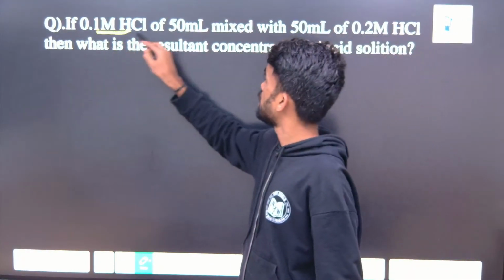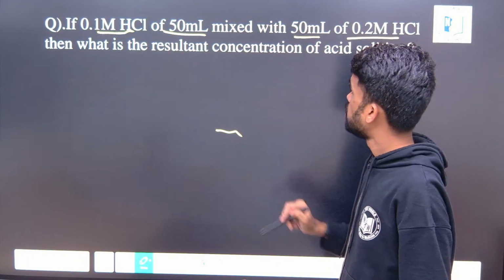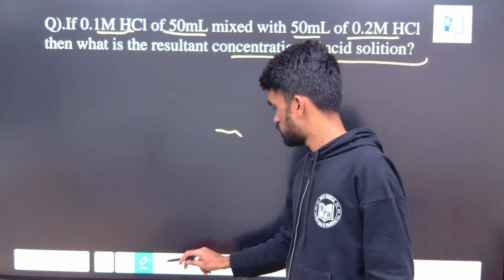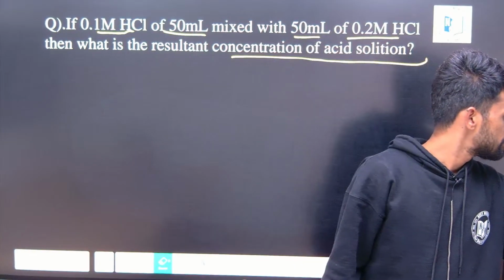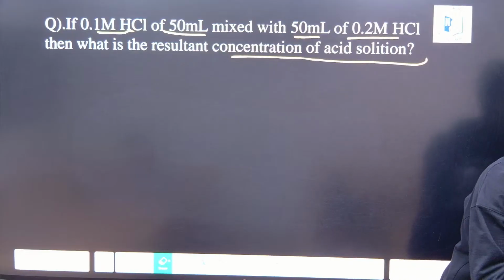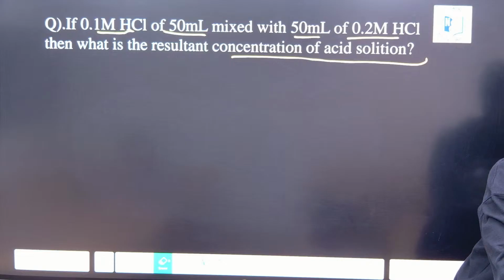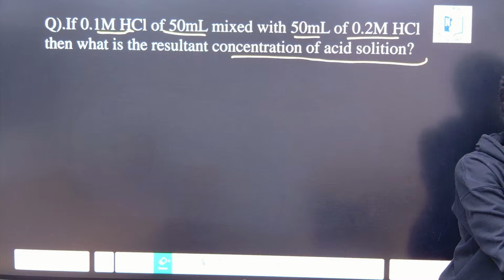If 50 ml of 0.1 molar HCl is mixed with 50 ml of 0.2 molar HCl, what is the resultant concentration of the acidic solution? Tell me your answer for this question. Anyone?